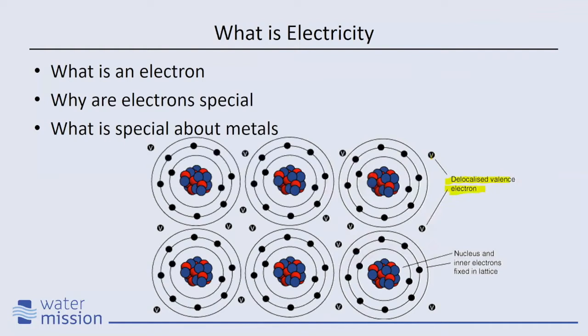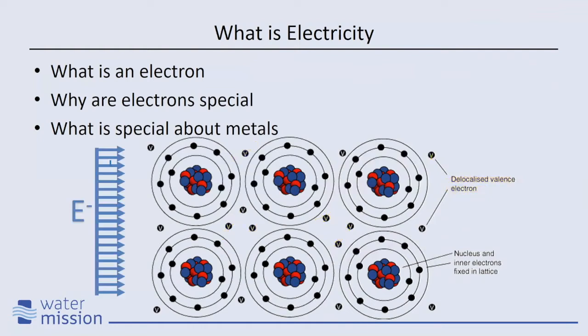What that means is these outermost electrons out here are very loosely held onto the atom. They're held into the material as a whole strongly, but they're allowed to move between the different atoms. So they're delocalized.